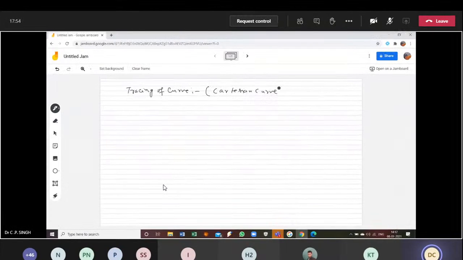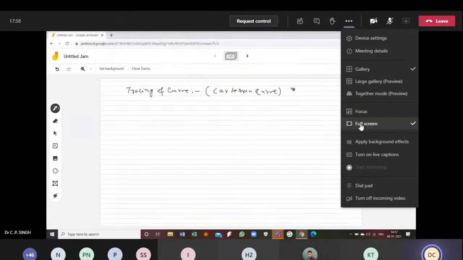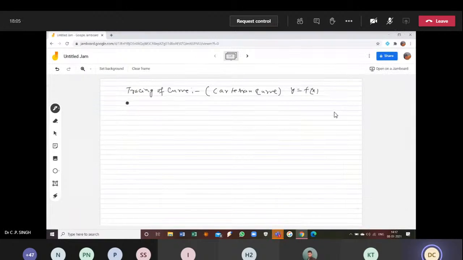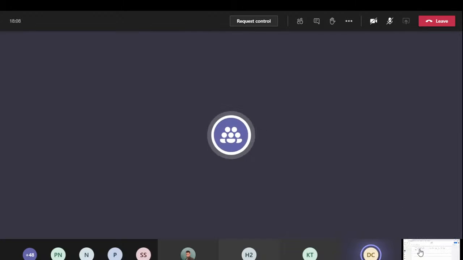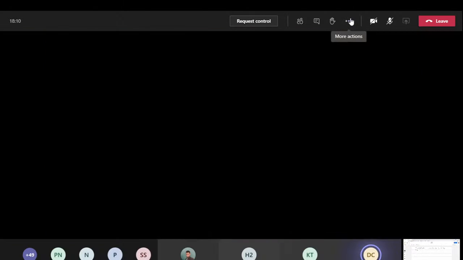Cartesian curve means y is a function of x. So first, you have to see the symmetry of the curve.